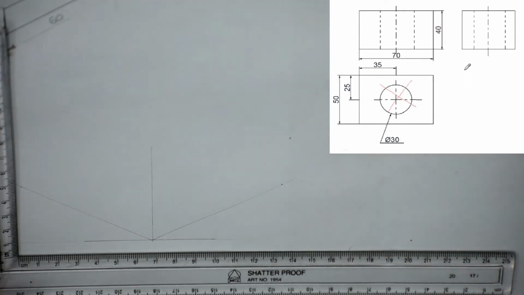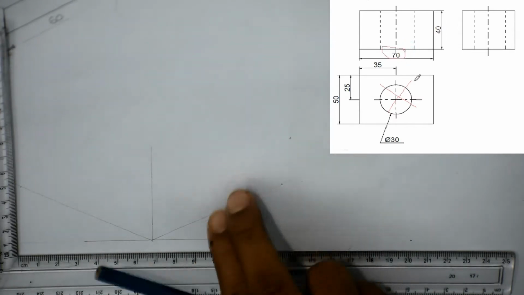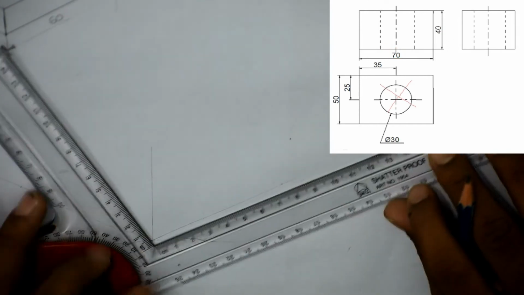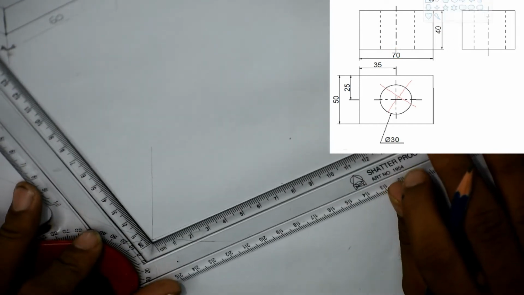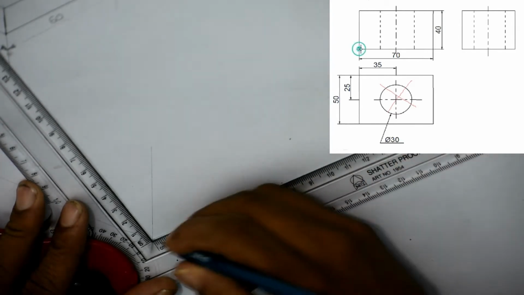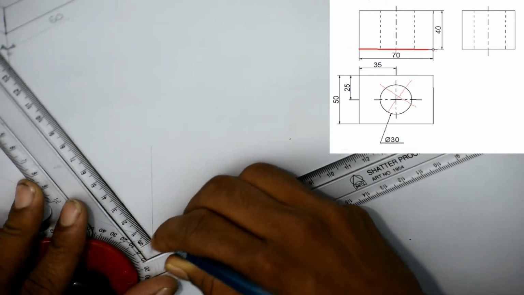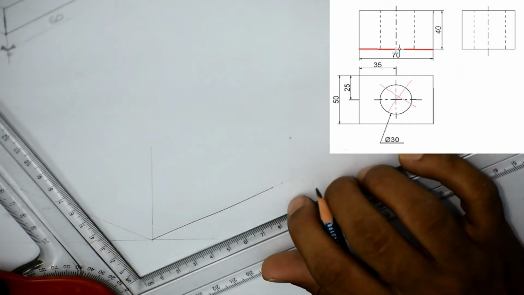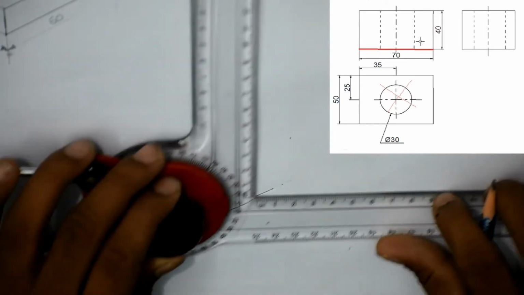As you can see the dimensions of the box, the length of the front view is 70, and it will appear on this side, because in this question the left hand side view is given. So this is your 70 mm line, and the height of this box is 40, which is given here.